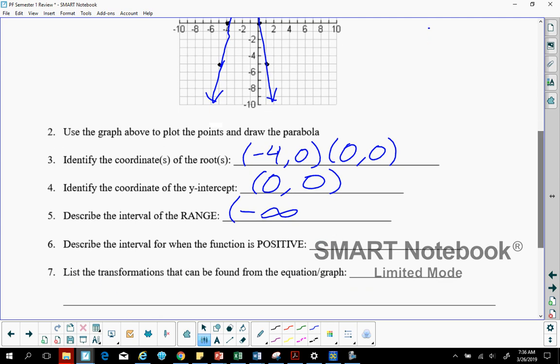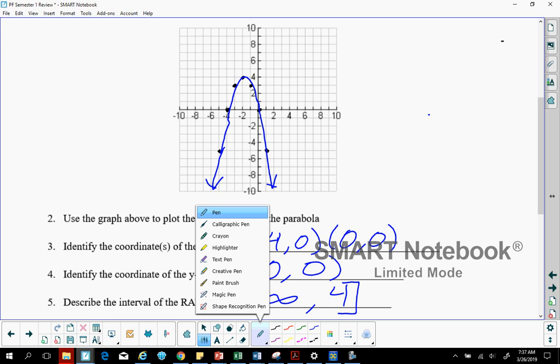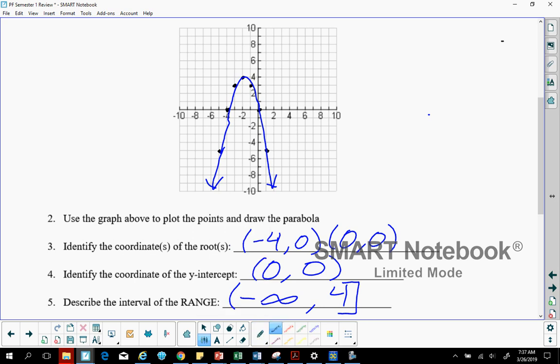4. Do I use a bracket or a parentheses here? Bracket. Because it includes that number 4. Which section is the positive section, the red or the green?